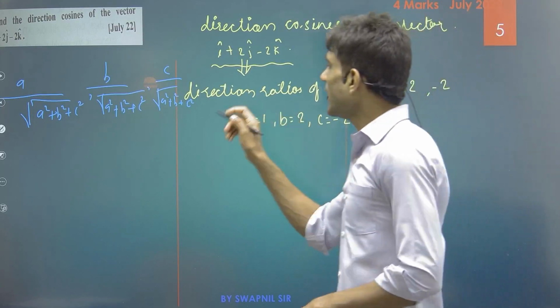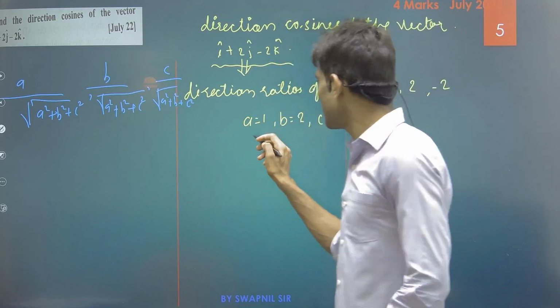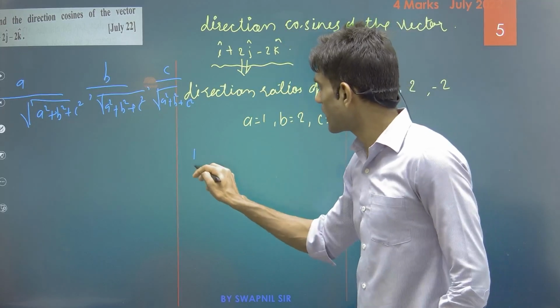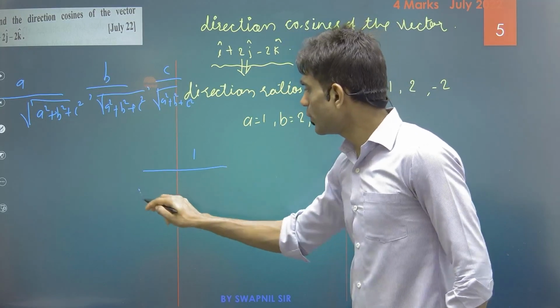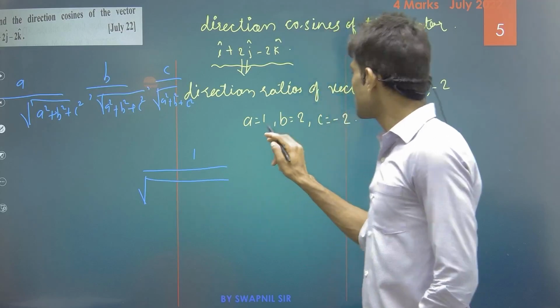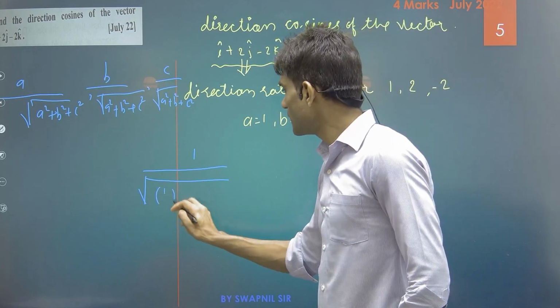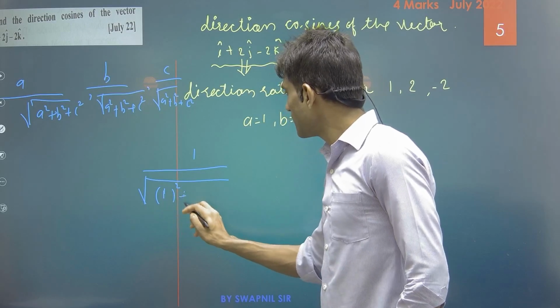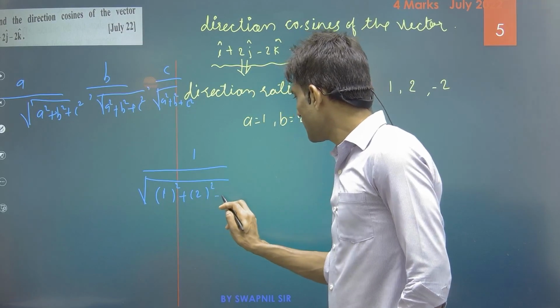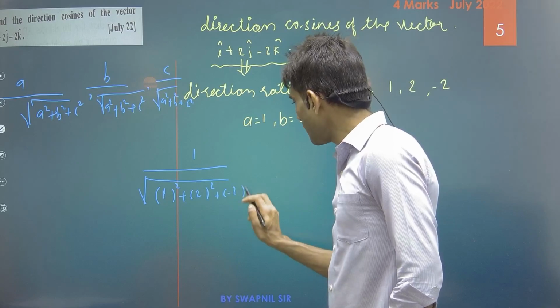Now a upon square root of a square plus b square plus c square, that means a which is equal to 1, upon square root of 1 square plus 2 square plus (-2) whole square.